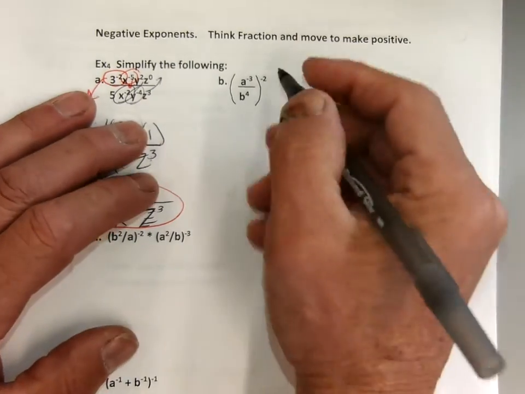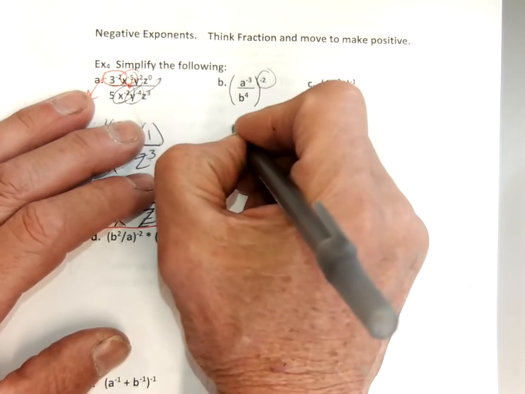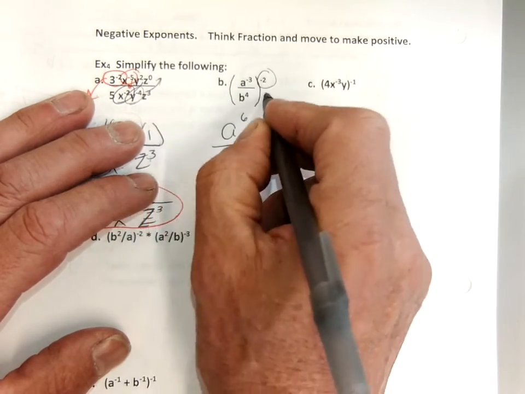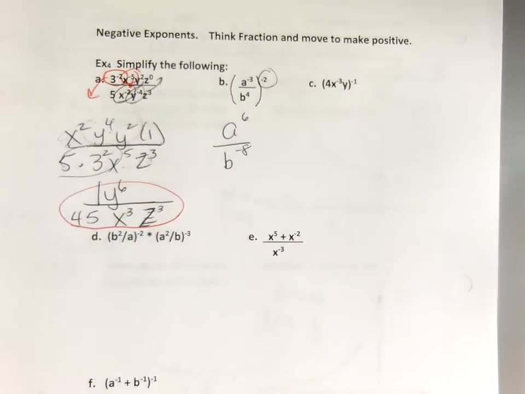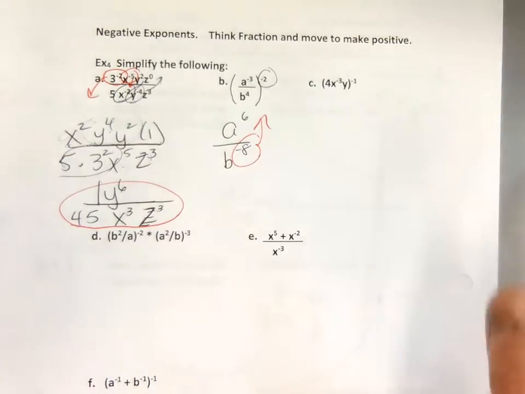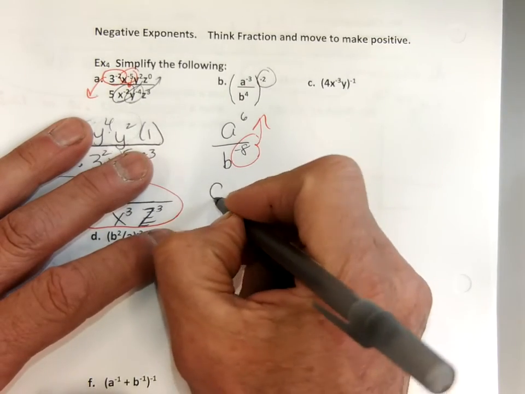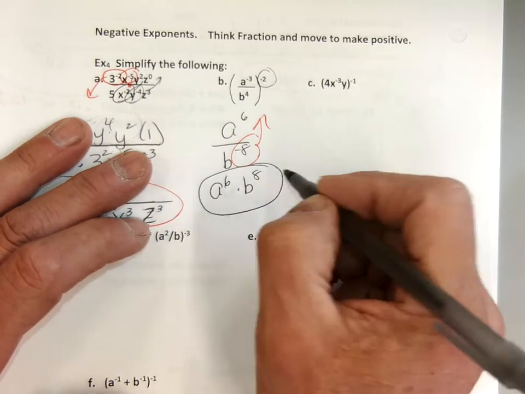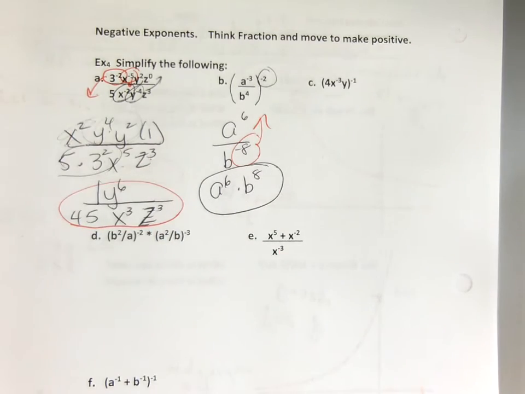I'm going to have a to the positive 6 over b to the negative 8. This is an easy one, huh? And then I'll just bring the b to the negative 8 up. I'll have a to the 6 times b to the 8th. Pretty easy.